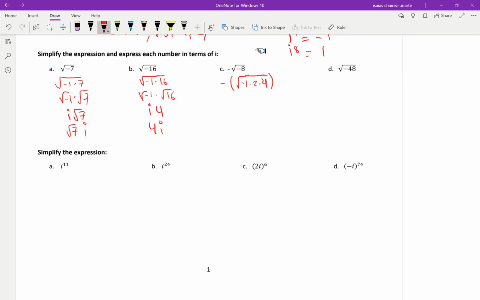And so then I have negative, the square root of negative 1 times the square root of 2 times the square root of 4. Okay, so that's negative. This becomes i. This is the square root of 2, and this is times 2. And then I have to apply my negative. And so then I'll just write it like this. This is going to be negative 2 root 2i.